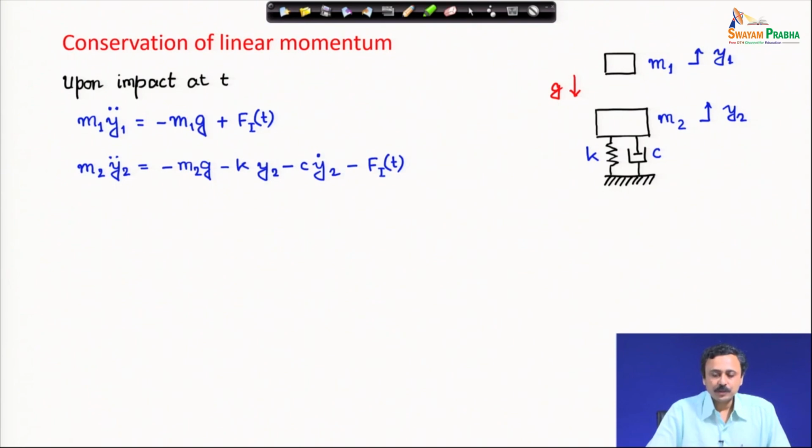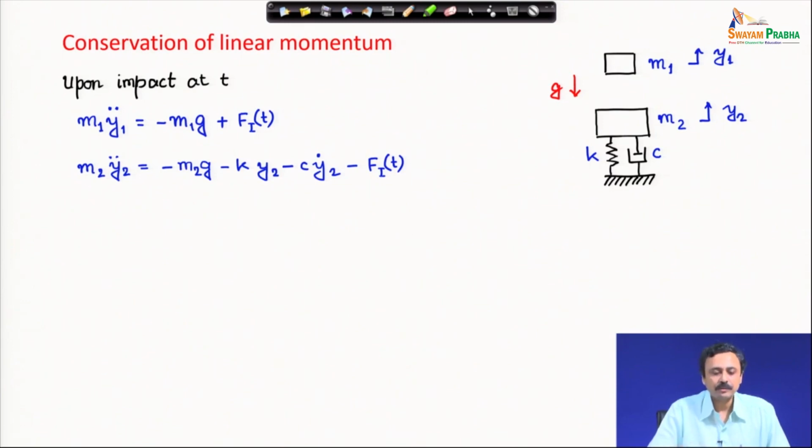The equation of motion for the second mass point, m2 y2 double dot, is equal to the weight, minus m2g, minus k y2, because if it goes up by y2, this spring is going to pull it back. If it has a velocity upwards y2 dot, then the viscous dashpot will pull it back with a force minus c y2 dot.